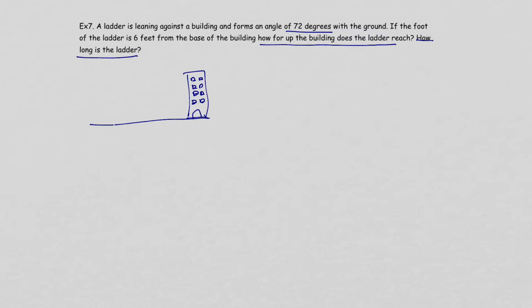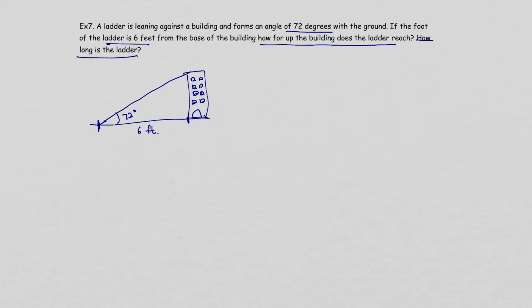We're going to put the ladder against the building from the ground, and that angle is 72 degrees. It also says that the distance from the ladder to the building is 6 feet.